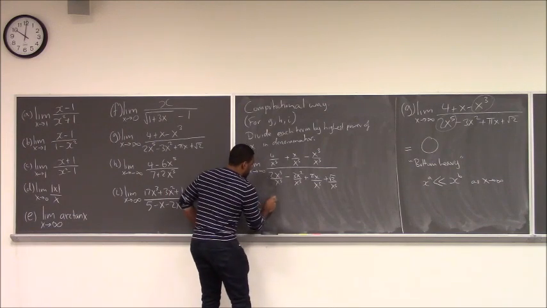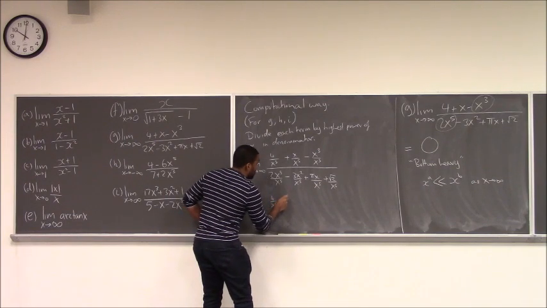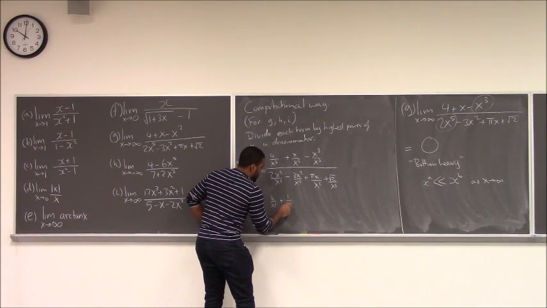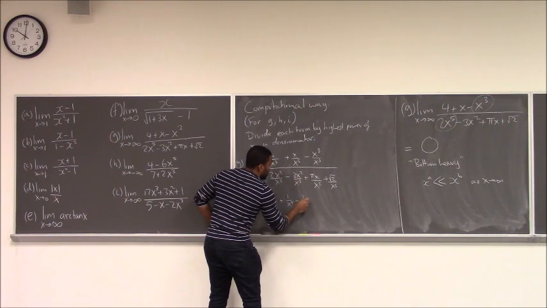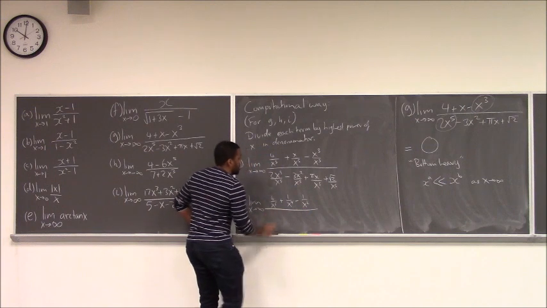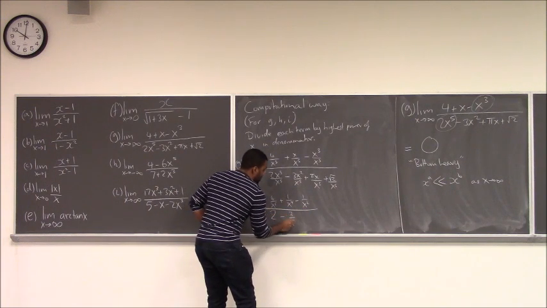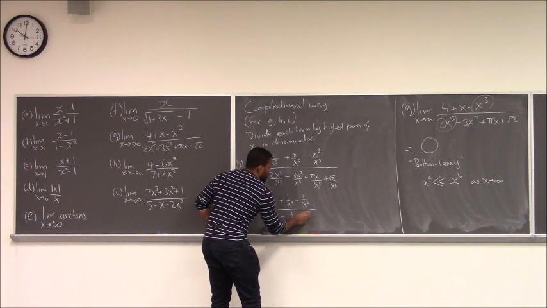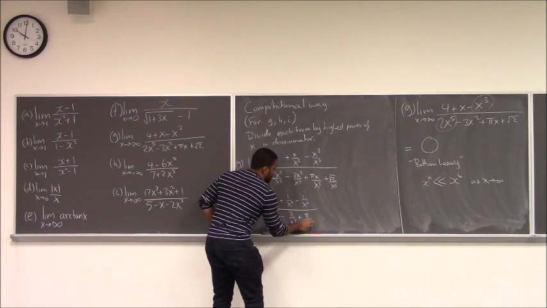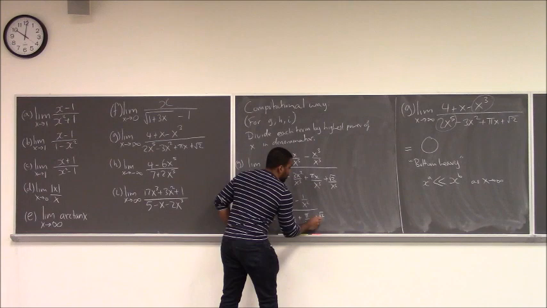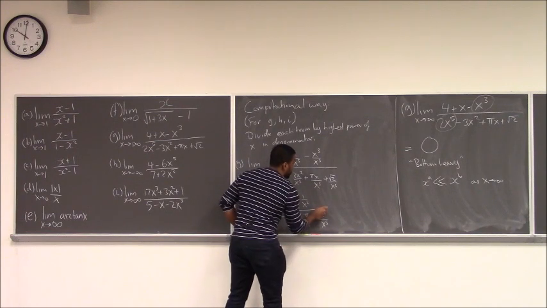And so at the end of the day, you'll have 4 over x to the fifth plus 1 over x to the fourth minus 1 over x squared, over 2 minus 3 over x cubed plus pi over x to the fourth plus radical 2 over x to the fifth.